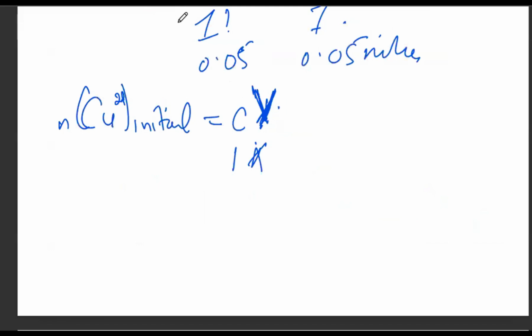So 200 divided by 1,000 gives 0.2. So now the number of moles of copper initially is equal to 0.2 moles.